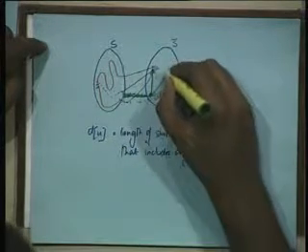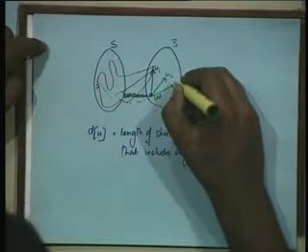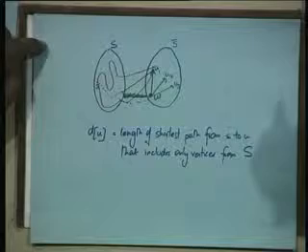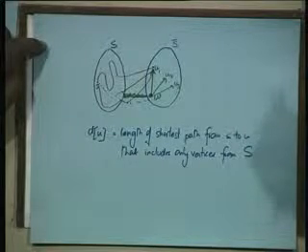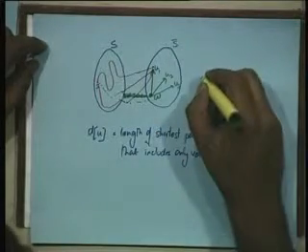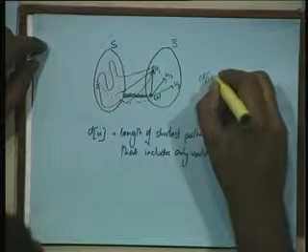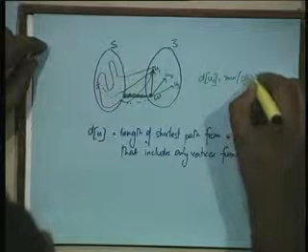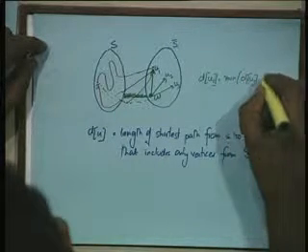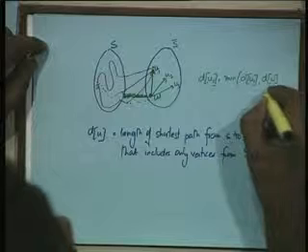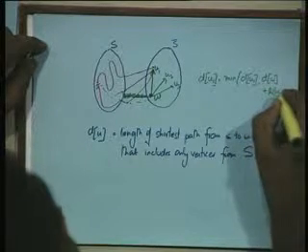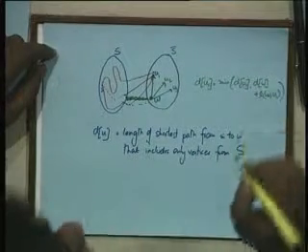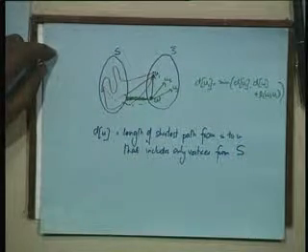Let us say u1, u2, u3 are the 3 out neighbors of w, right. So, we are going to update u1 to d of u1 equals minimum of d of u1 comma d of w plus L of w comma u1. Yes, this is how we are going to update.